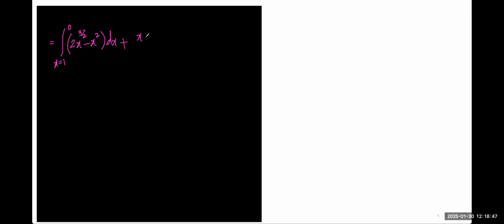X square can be written as x into root x by 2 root x, plus x can be written as root x into root x divided by 2 root x, into dx. Why? Because I want to cancel some of the terms. Look at that, root x, root x, root x, root x cancel. Okay, now this together becomes 1 plus 1 by 2 is again 3 by 2, and then taking dx common.